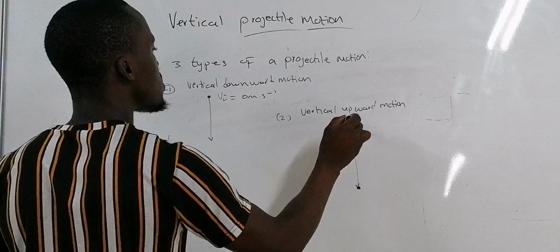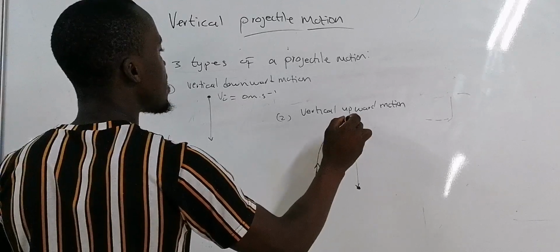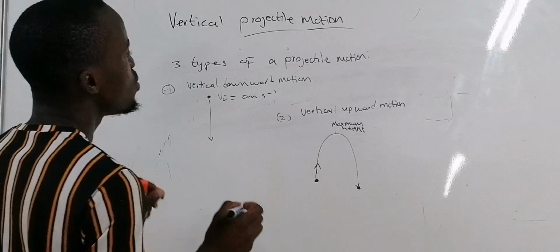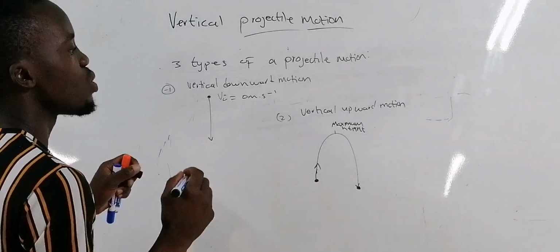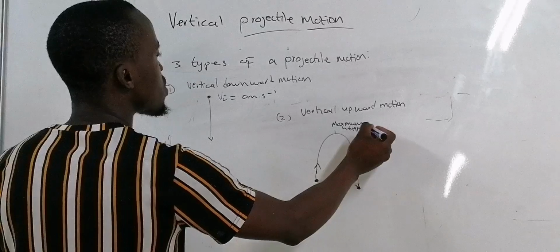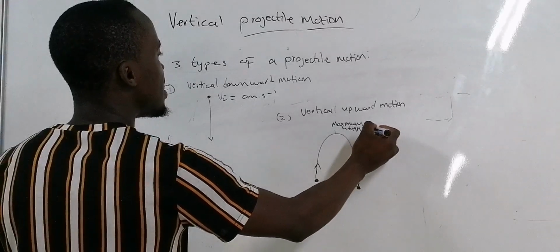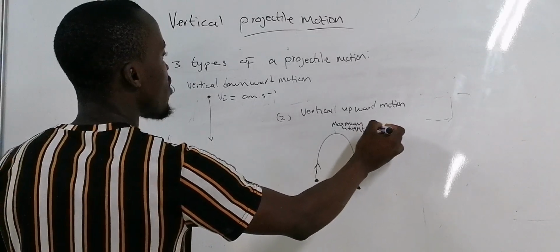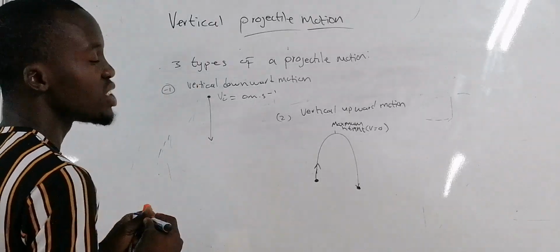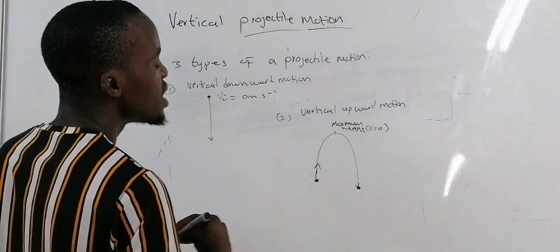So this point is known as the maximum height. I'm just showing you the diagrams, but after this we're going to interpret them in more detail. What you must know about the maximum height is that it has a velocity of 0. It can be a final velocity or initial velocity, but I'm going to explain that.